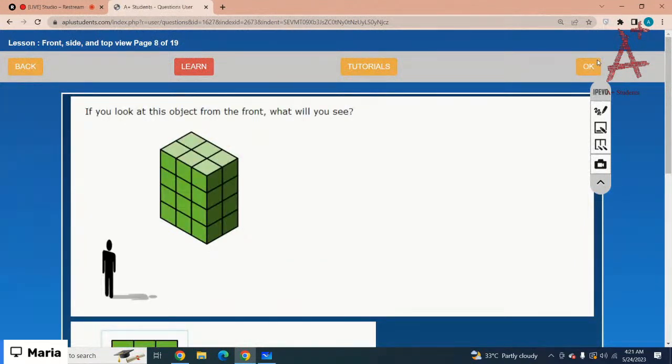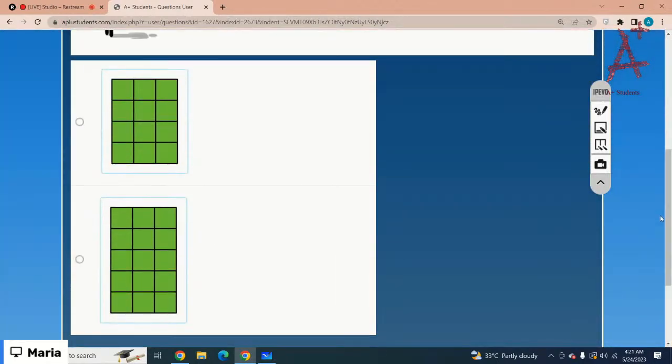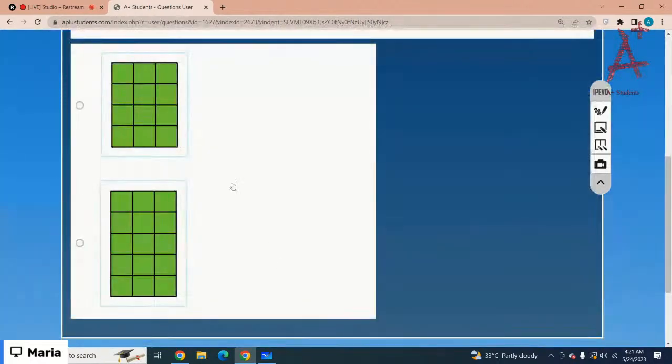If you look at the object from the front, what will you see? Which is the correct option? One or two? It would be the first one.